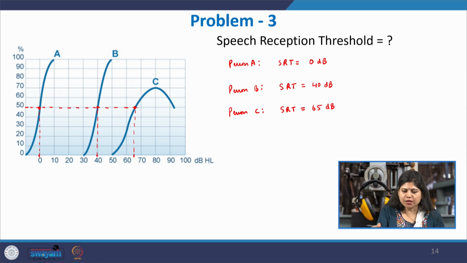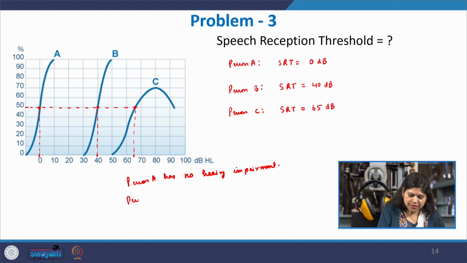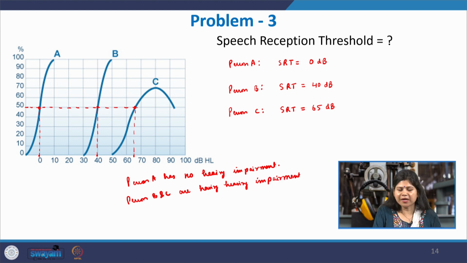And what you can deduce from this is that person A has no hearing impairment, the speech intelligibility is perfectly fine, and persons B and C have hearing impairment, because anything above 10 dB would be counted as a hearing impairment here.